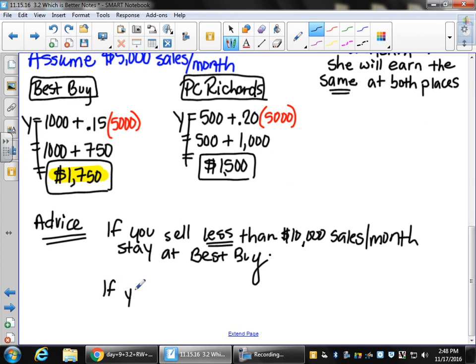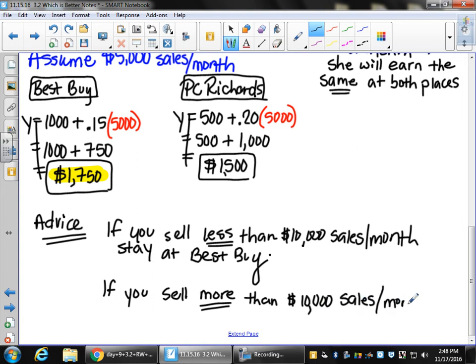The flip side of that, literally, if you sell more, so let's say she doesn't sell less than 10,000. Let's say she's a rock star associate and she sells $20,000, $30,000 worth of merchandise a month. So if you sell more than 10,000 in sales per month, take the job at PC Richards.